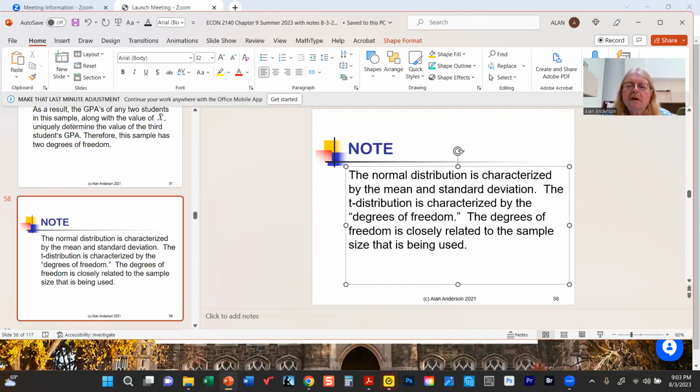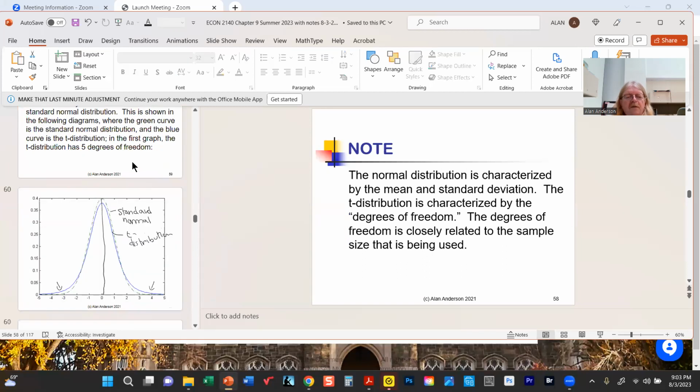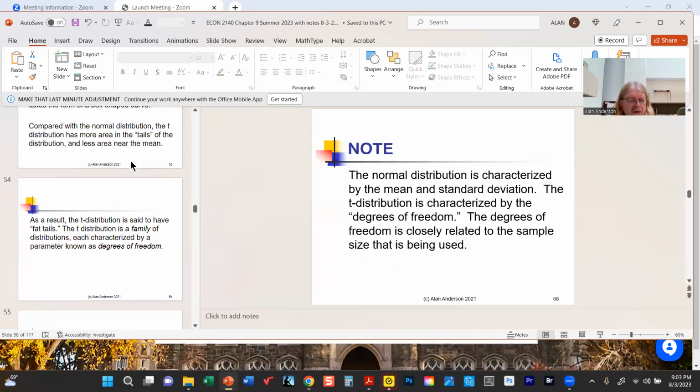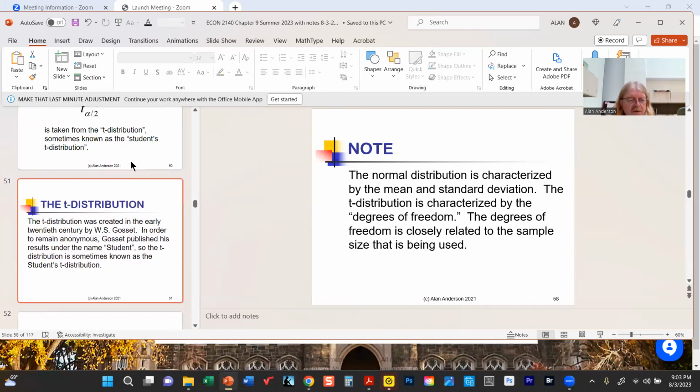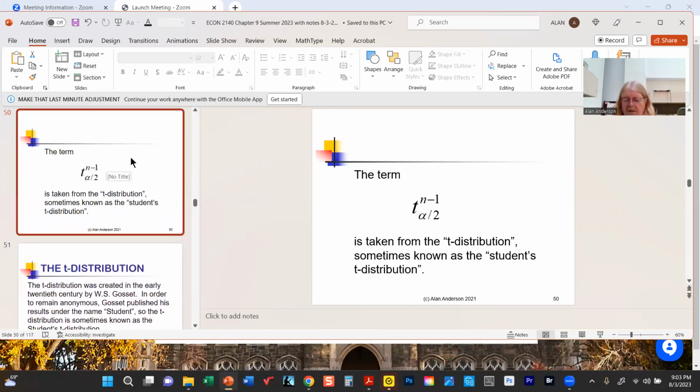So we'll need a formula. Every time we see the T distribution, we're going to need a formula for calculating the degrees of freedom, but it's always going to be related to the sample size. In fact, for this chapter, the degrees of freedom is always going to be equal to n minus 1.